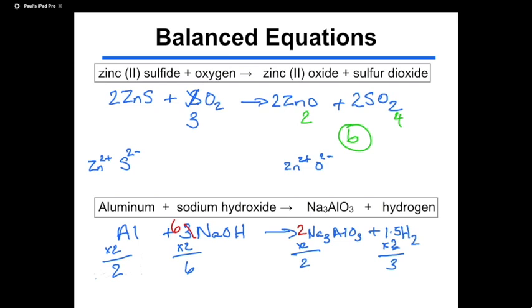To get 6 hydrogens, I would put 3. And this 2 tells me I have 2 aluminums. I would have put 2. And here I have 6 oxygens, and 6 oxygens would have been done. So you could go either way. Go back to the first thing, double it, and do it again, and you would have gotten to the same place. So whichever you feel comfortable with.